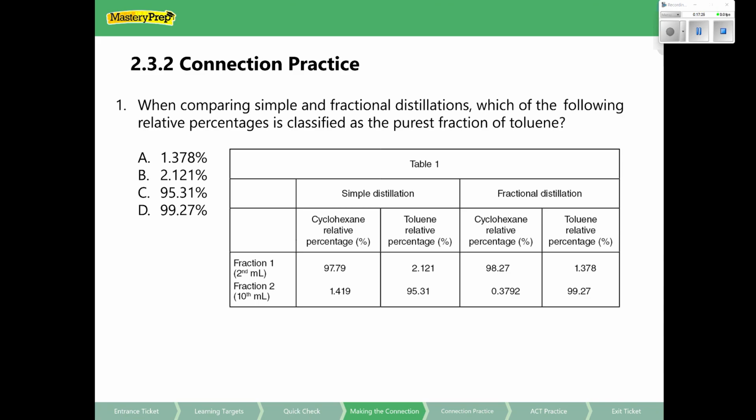All right, guys, let's look at this next one here. So how would we find the answer for this one here? When comparing simple and fractional distillation, which of the following related percentages is classified as the purest fraction of toluene? So toluene is going to be one of them, yes?